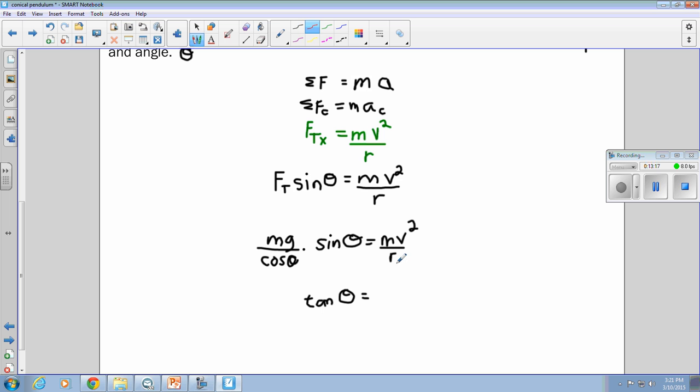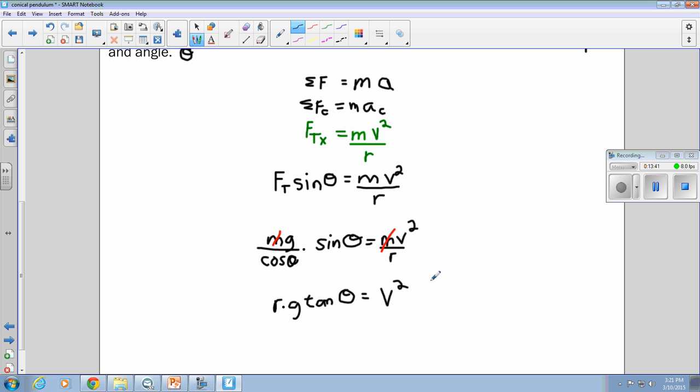You should also be able to see that our masses are going to cancel out. So we're left with g tangent theta, and if we multiply both sides by r, we have radius times gravity times tangent theta equals v squared.